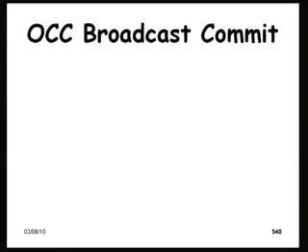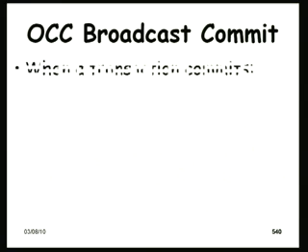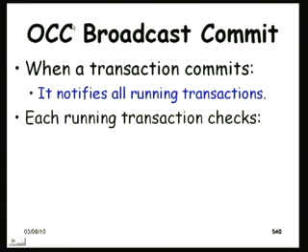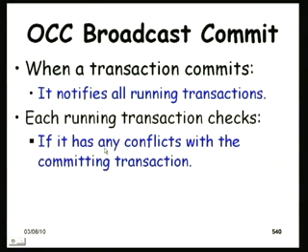So, an improved scheme would be the OCC Broadcast Commit, where when a transaction commits, it notifies all running transactions about its intention of committing, and each running transaction would check if it has any conflict with the committing transaction.